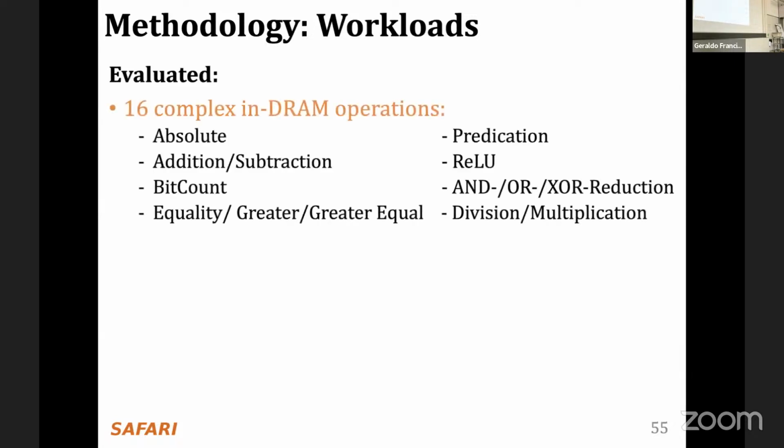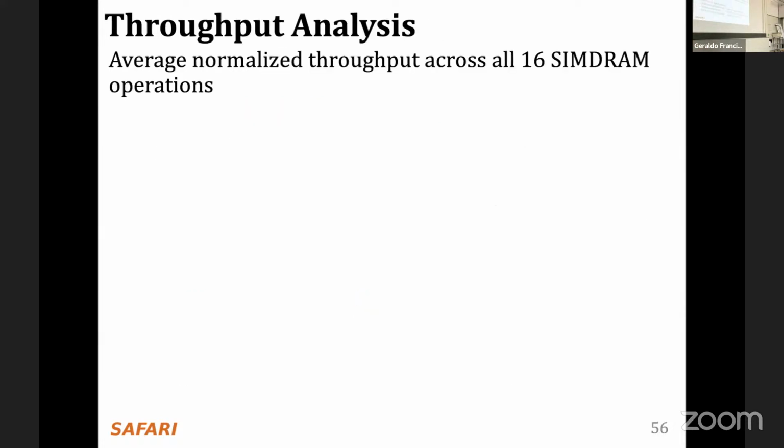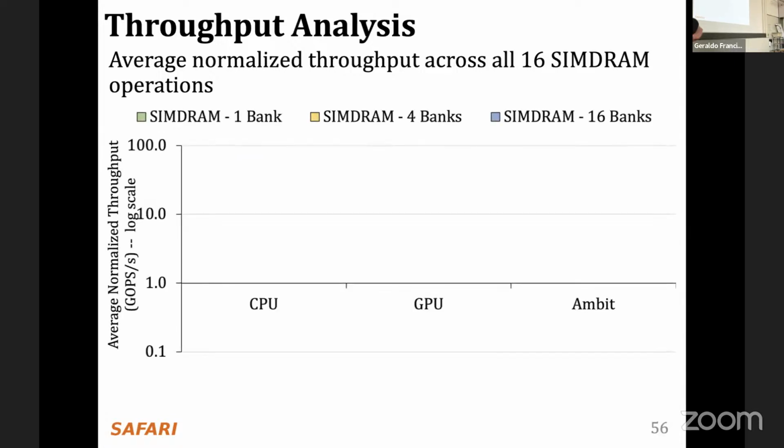We implement 16 different in-DRAM operations using this three-step framework, and we use these operations to accelerate 7 real-world applications. Starting with the throughput analysis: on the x-axis we have the baseline systems, CPU, GPU, and Ambit, and on the y-axis we have the average normalized throughput in log scale for SimDRAM with 1 bank, 4 banks, and 16 banks.